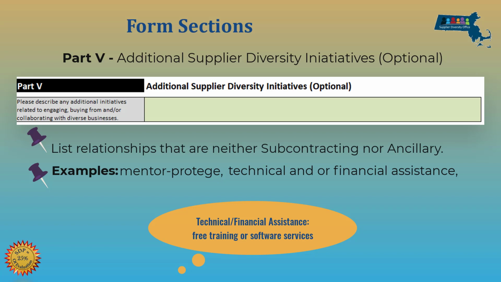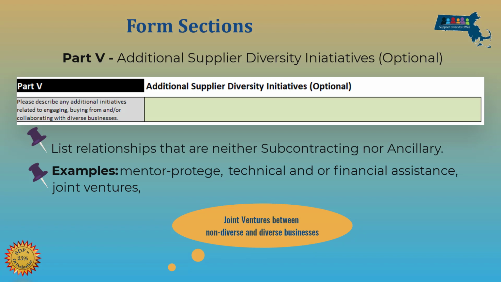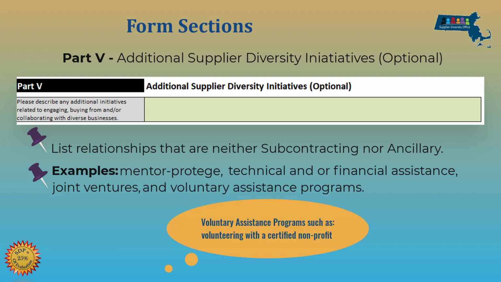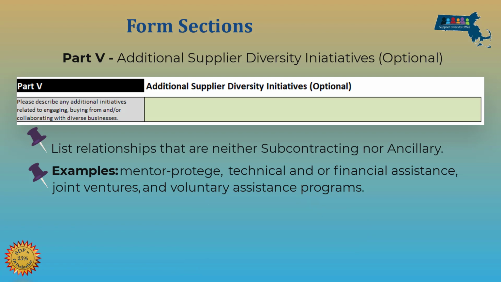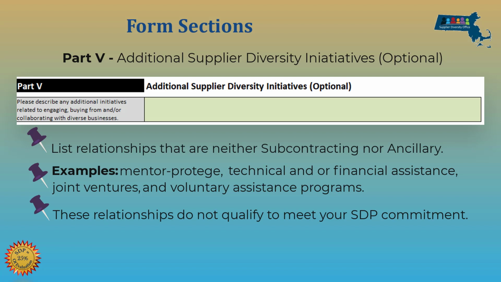An example of this is your company providing pro bono software services and/or training. Participation in joint ventures between non-diverse and diverse businesses. And voluntary assistance programs. An example of this would be if your company volunteered at a certified nonprofit local shelter or medical clinic. Keep in mind, these types of business relationships cannot be counted towards meeting your firm's SDP commitment.